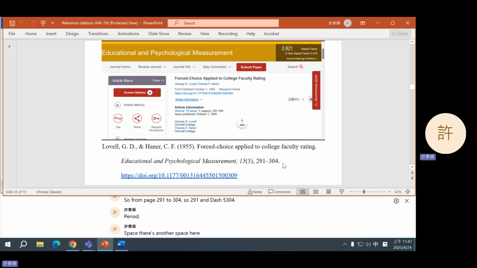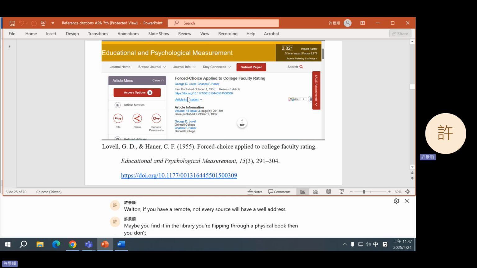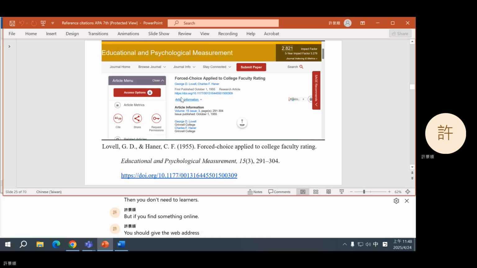And the last thing is the web address. If you have a web address. Not every source will have a web address. Maybe you find it in the library, you're flipping through a physical book, then you don't need the web address. But if you find something online, you should give the web address, especially if it is what we call a DOI. Right?